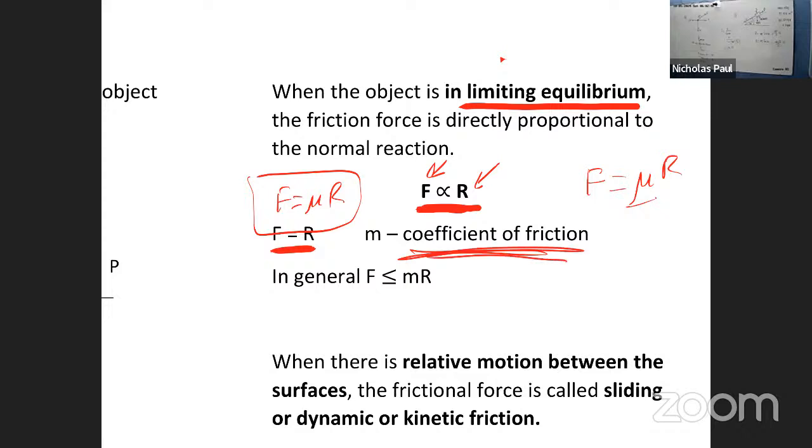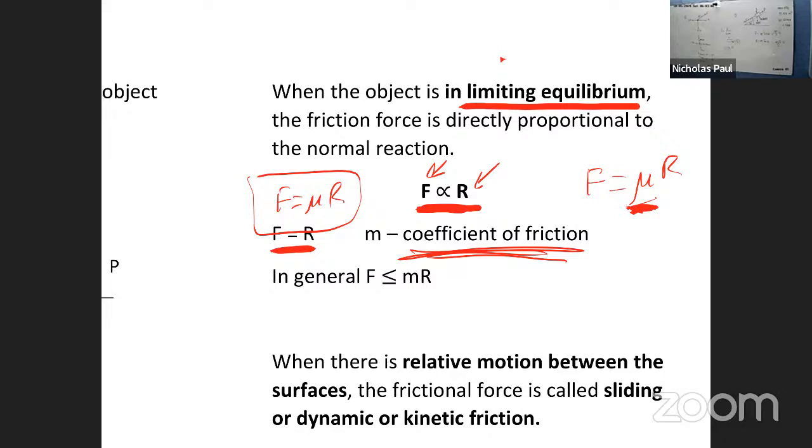Every surface has its own coefficient, so if I change the surface, then that mu value will also change. That's okay. So that's something I wanted to point out when we're looking at this scenario.